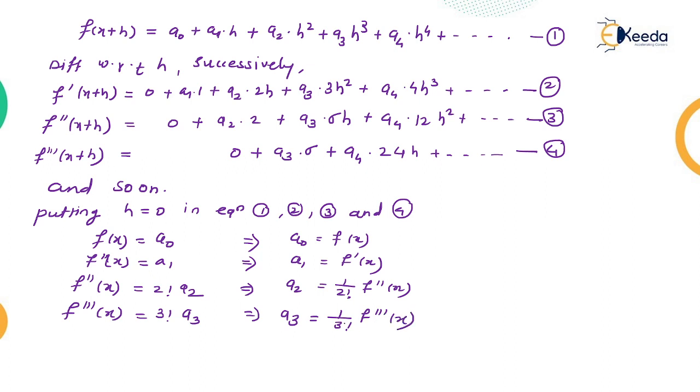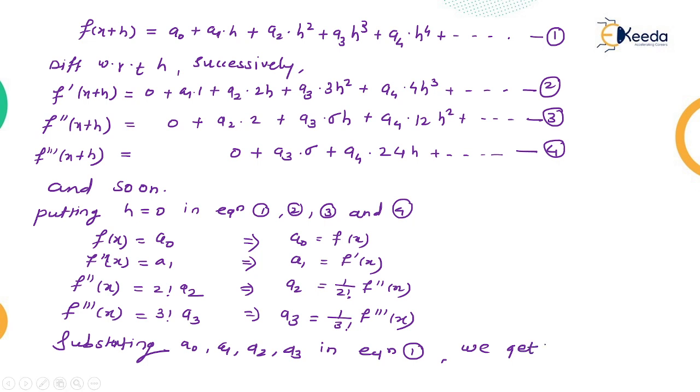Now we have to substitute these values. So I am writing again, substituting a naught, a1, a2, a3 in equation 1. You know very well what equation number 1 is.